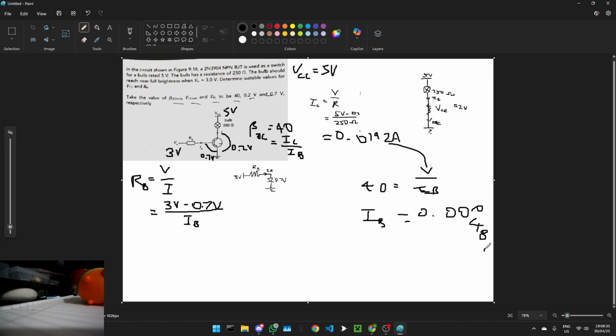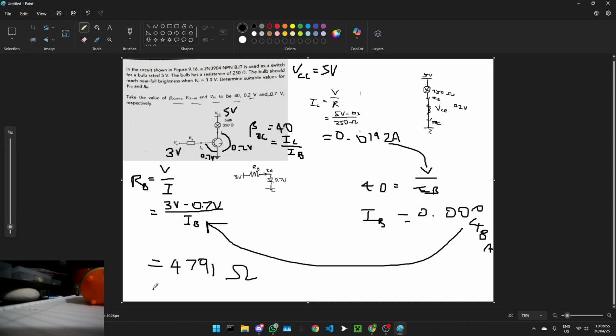Sorry, amps. And then we plug it into this, and our final answer would be 4791 ohms, which is 4.8 kilo ohms.